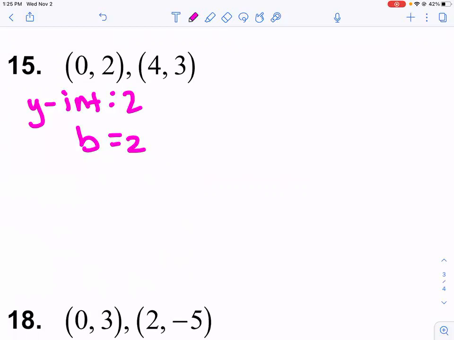Okay. Then, Holden, what do we need to identify? And how did you do that? Okay, which goes in the numerator? Four is the rise.